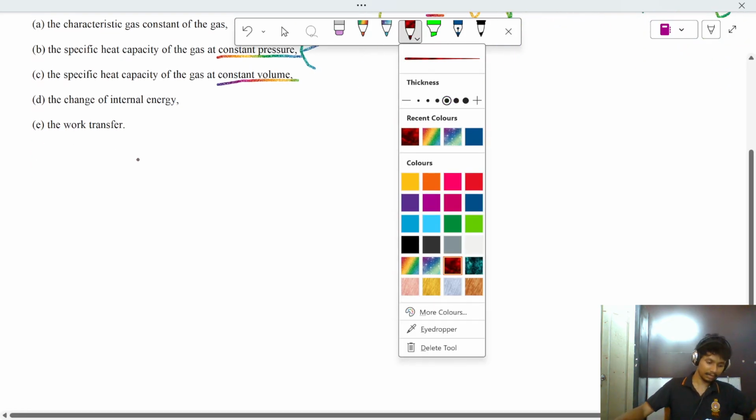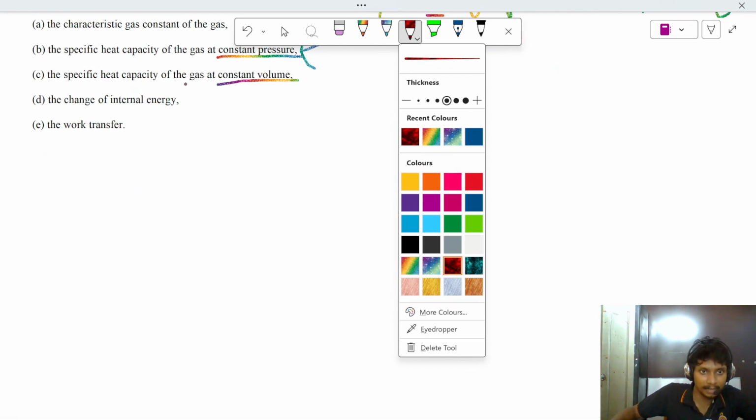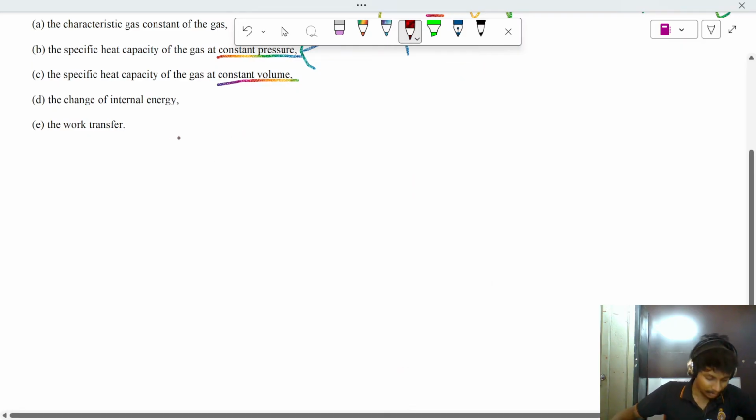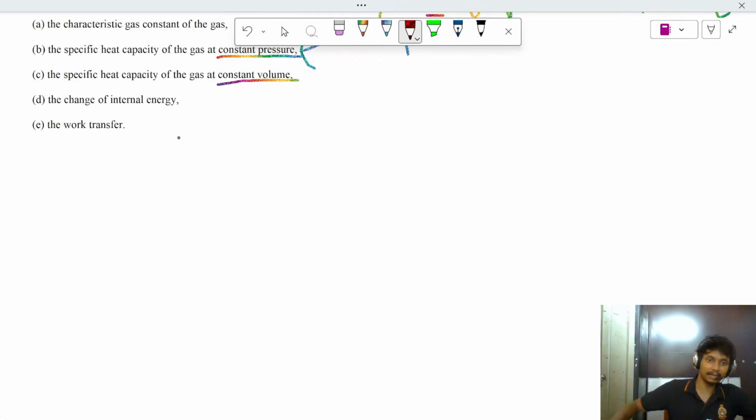If we want to find it, we have to use an equation. This equation is called Mayer's relation.